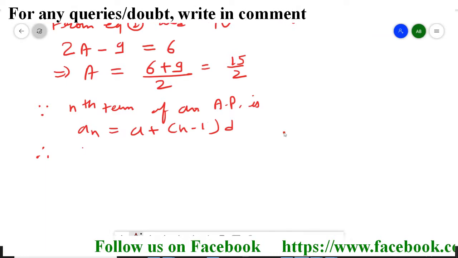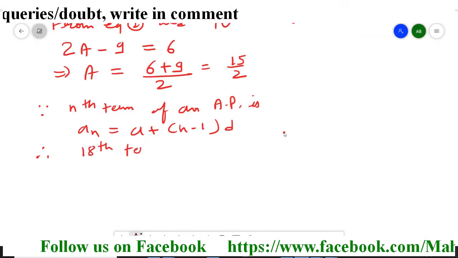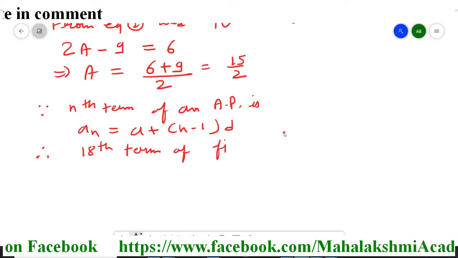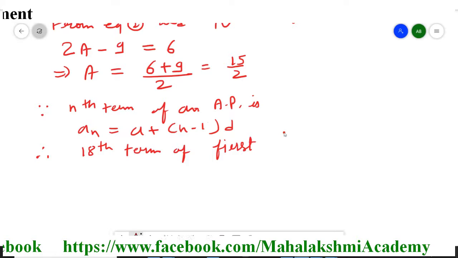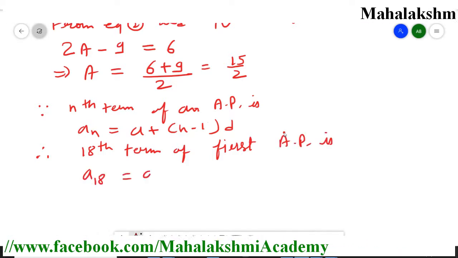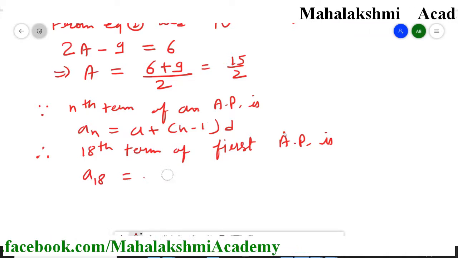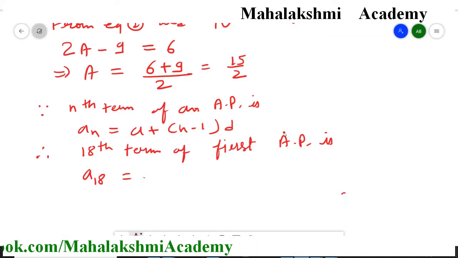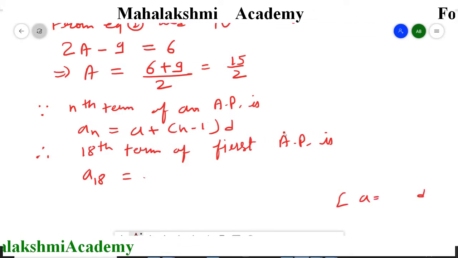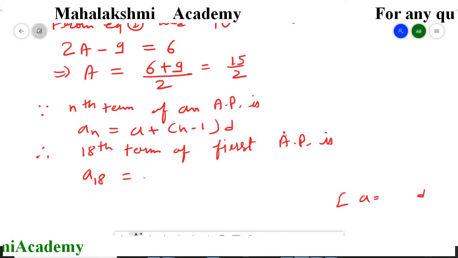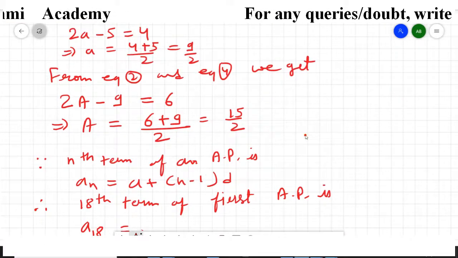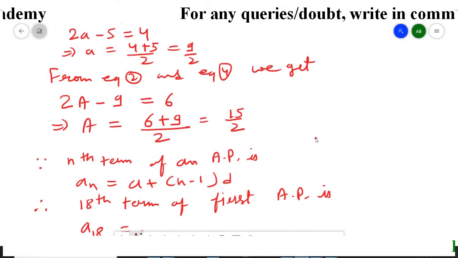So the 18th term of the first AP is a18 is equal to a plus 17d. Now a's and d's values will be replaced. Let me check what small a and small d we calculated. Small a is 9 upon 2 and d is 5.